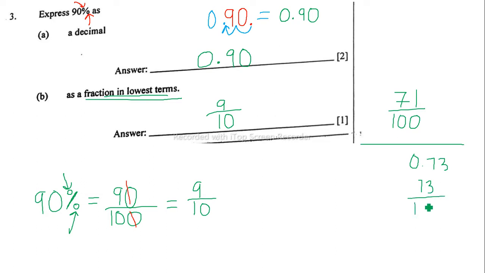We can't bring that further down because these two numbers are not reducible. But if you're dealing with a fraction that could be simplified, you simplify it. That's number 3.